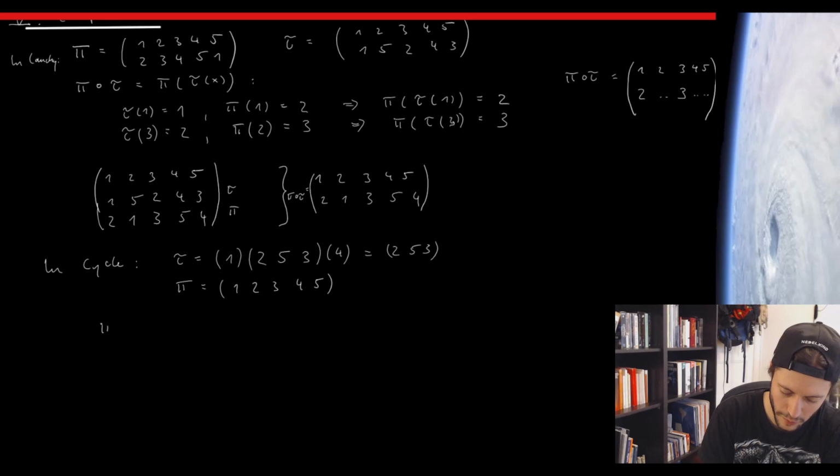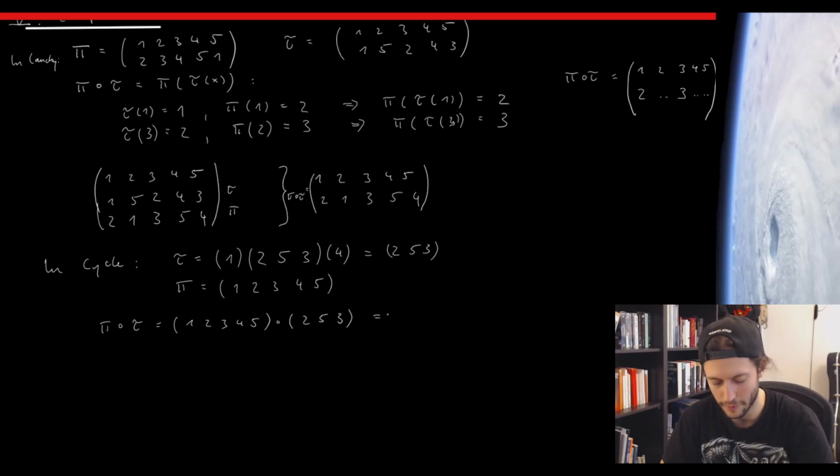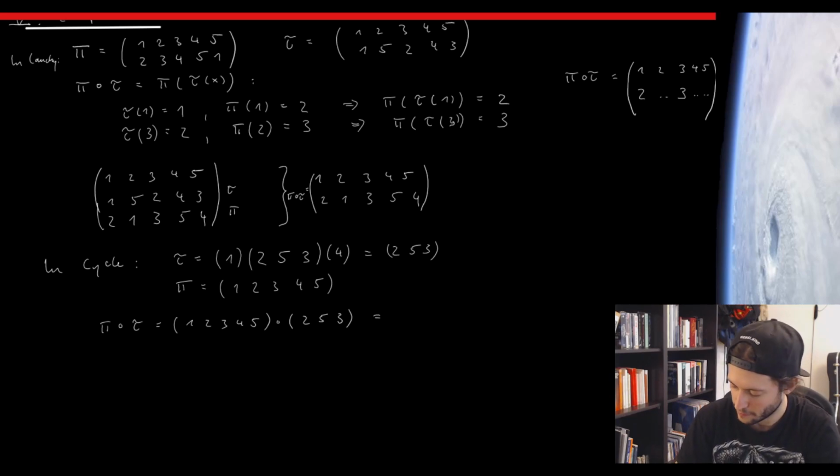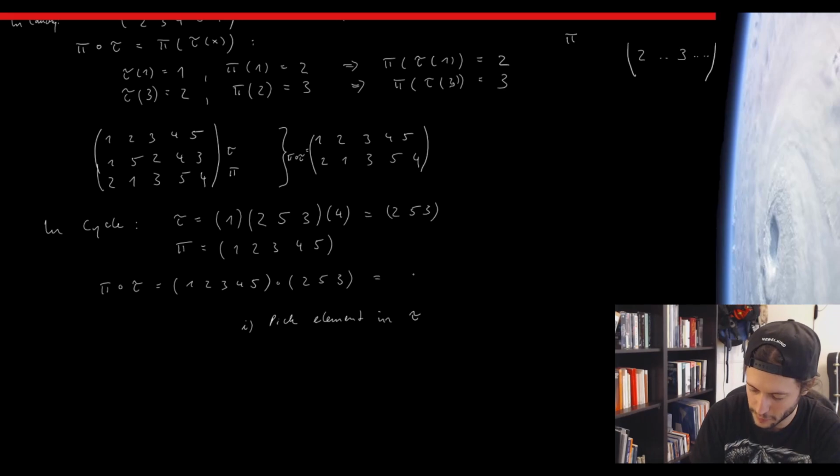And now we want to do pi composed with tau. So writing this down again. 1, 2, 3, 4, 5 and 2, 5, 3. How do we do that? So here what you do is you pick an element in tau, for example, the 2. Ask where the 2 is going to.